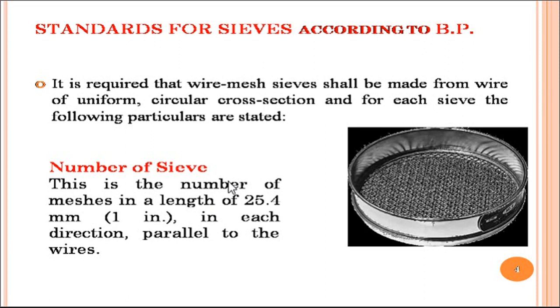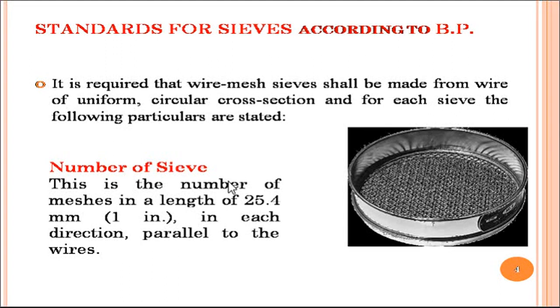As we talked earlier, if it is 10 mesh, it means 10 holes in the cross sectional area of wire. If it is 40 mesh, it indicates 40 holes within the cross sectional area of wire. So again it deals with what size and what projection area of the sieve.